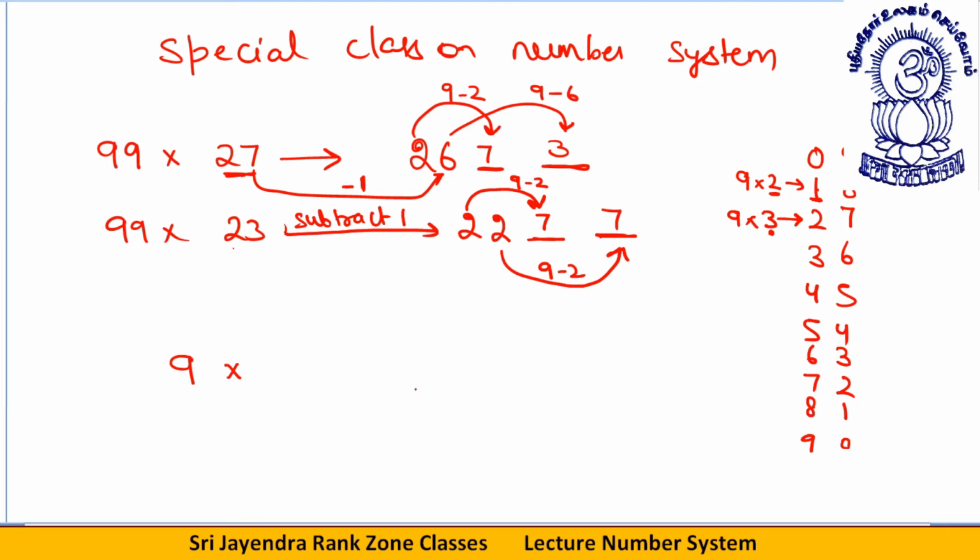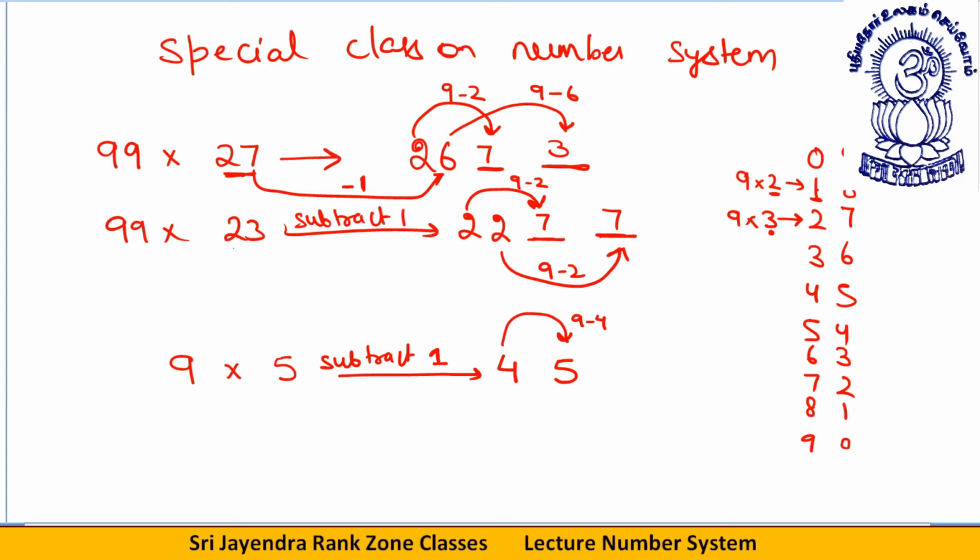So exactly the same way, if I need to do 9 into 5, what I'll do? I'll subtract 1. What do I get? 4. Then 9 minus 4. What is 9 minus 4? 5. 9 into 5 gives me 45.